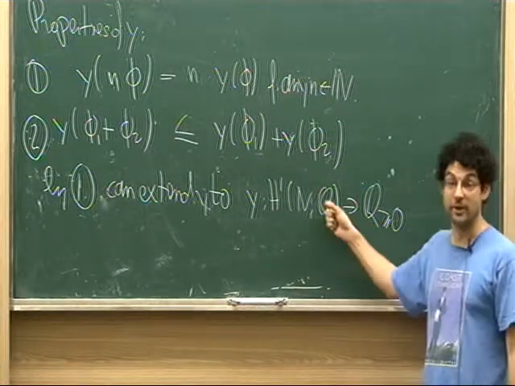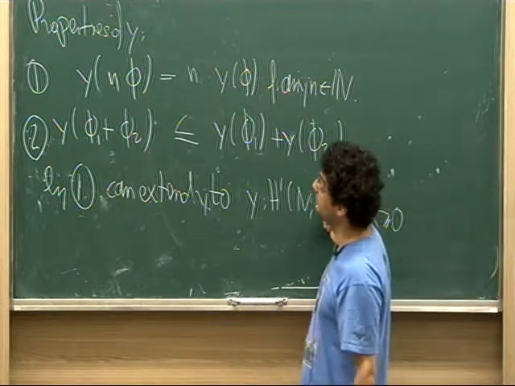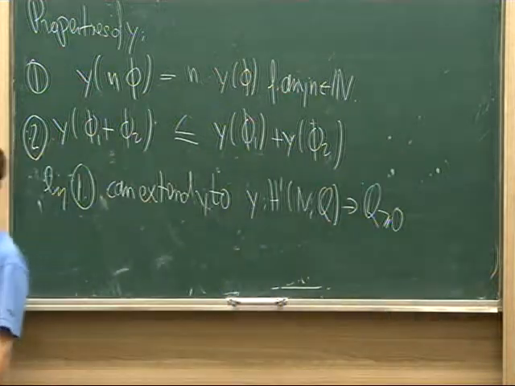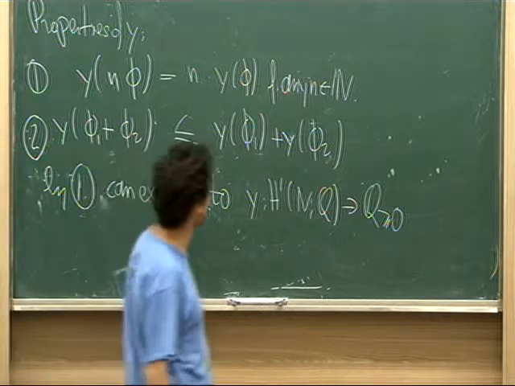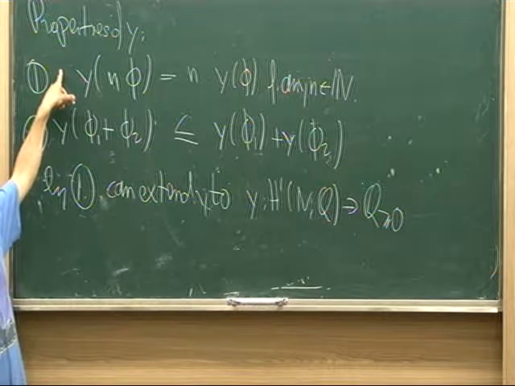What you do is take a rational class, multiply by an integer to get an integral class, then apply your definition, and then divide again by your integer, and number 1 tells you that that definition makes sense.